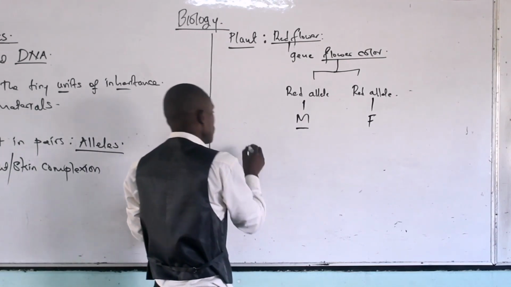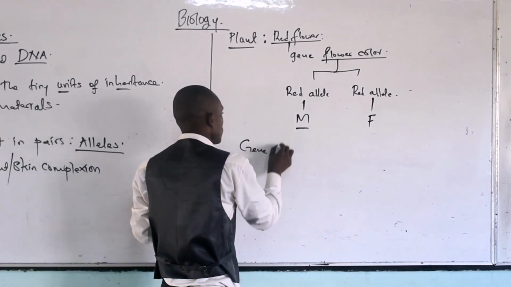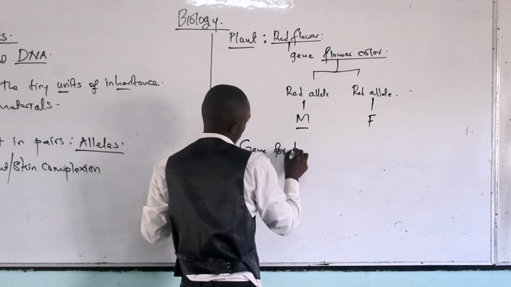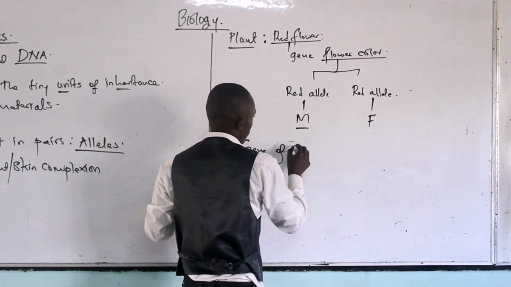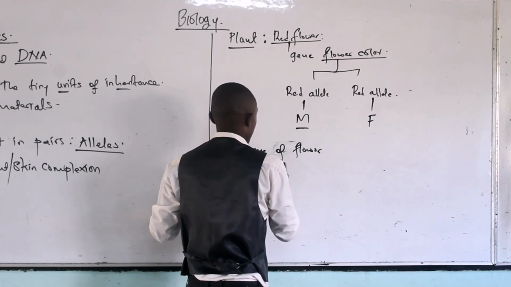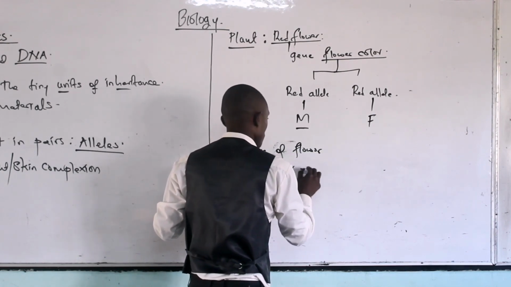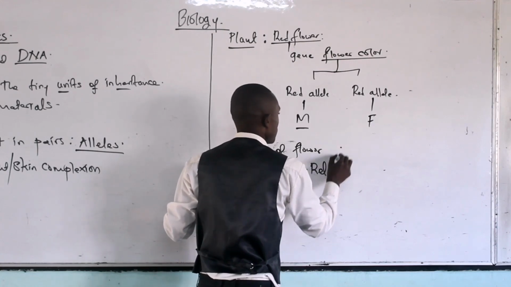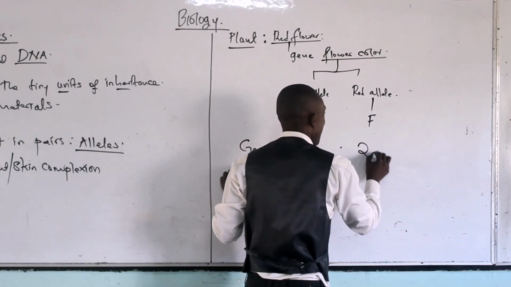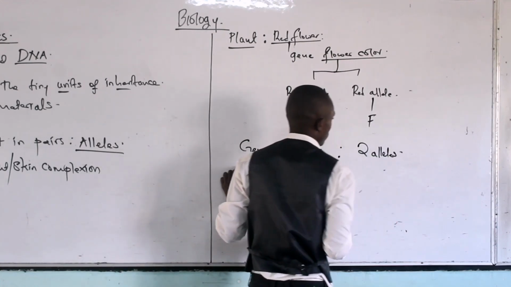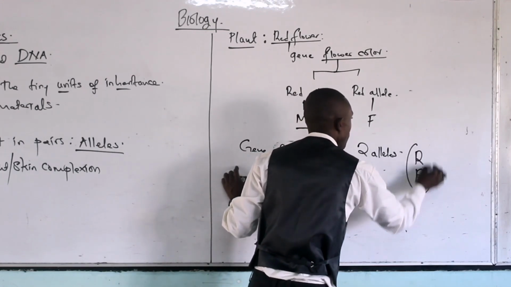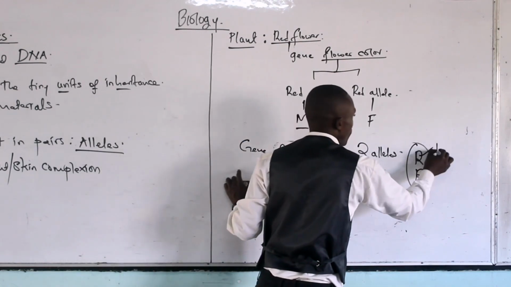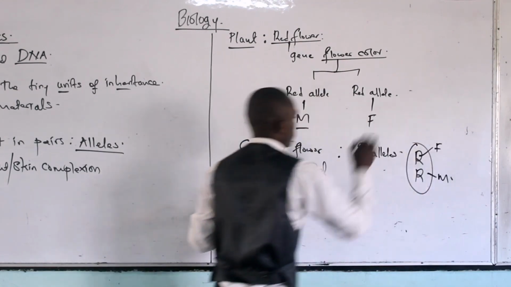So if I have a gene for flower color, which in this case is red, this means we have two alleles. One which is red, another one which is red, and both of them were inherited. One from the father, another one from the mother.